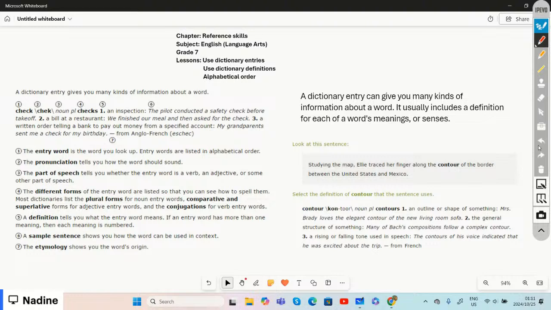Number one is our entry word, the word that we are looking up in the dictionary. The entry word is the word that you look up. And remember, we said that the words are in alphabetical order.